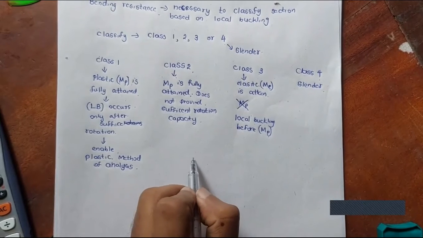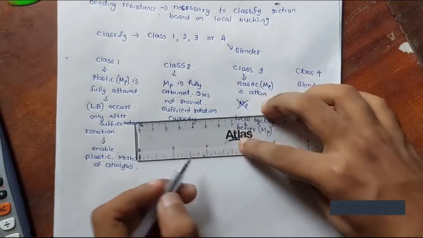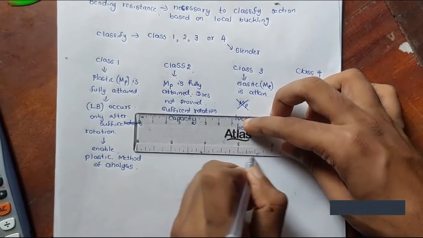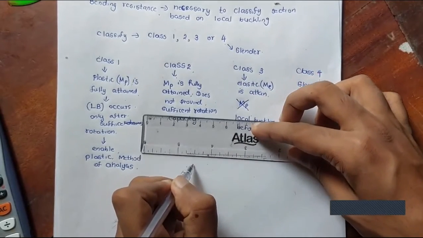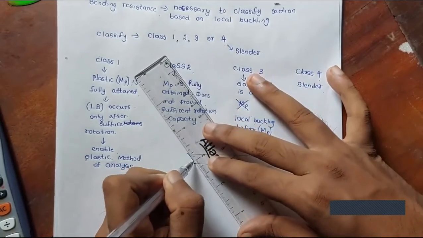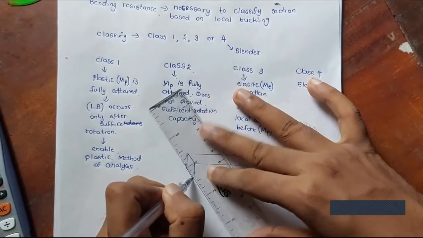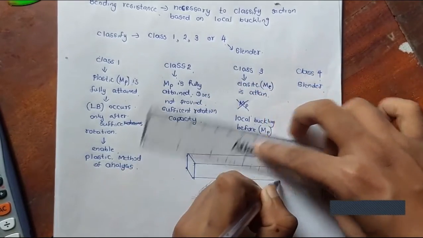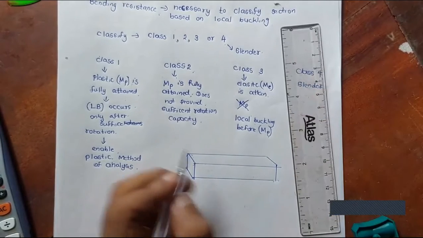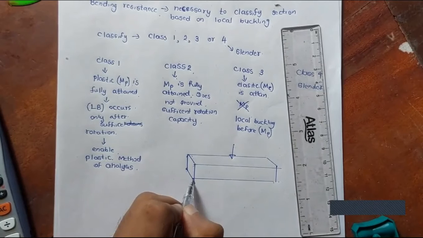So let's take a beam like this, a rectangular beam. Let's say we are loading it. We have the supports.